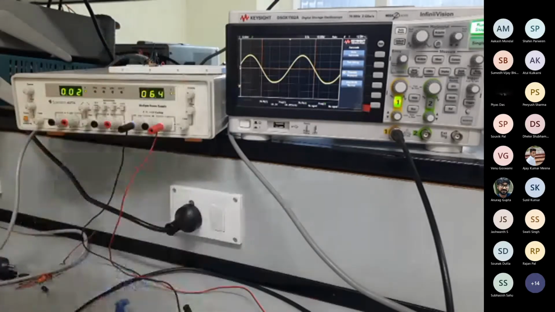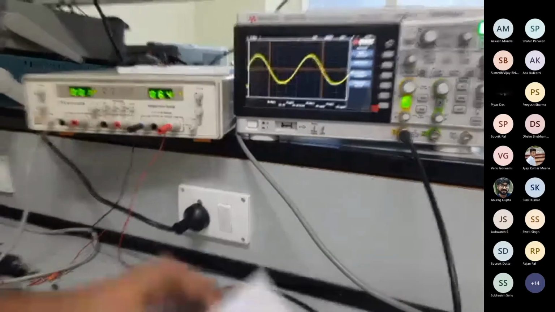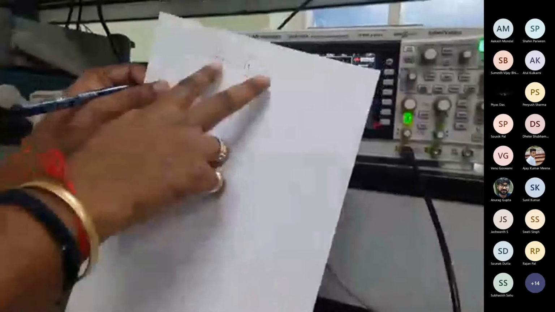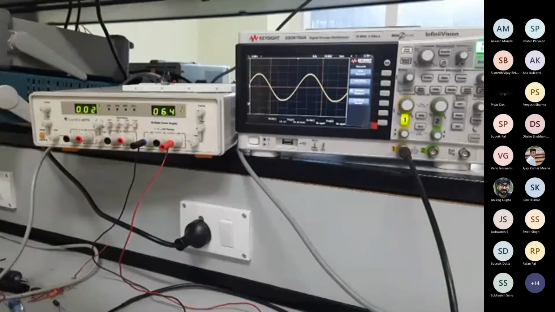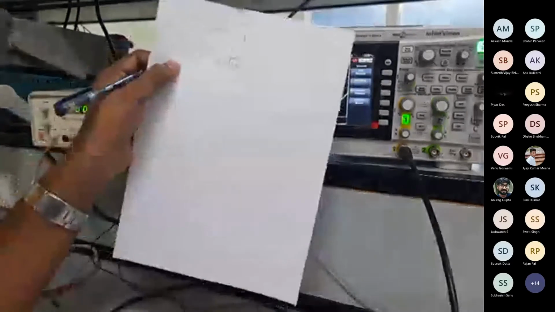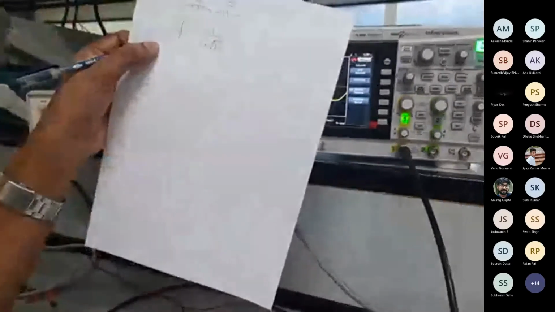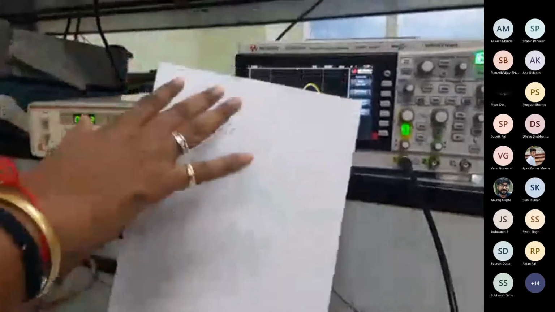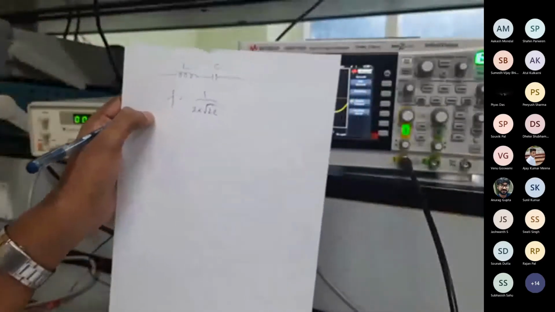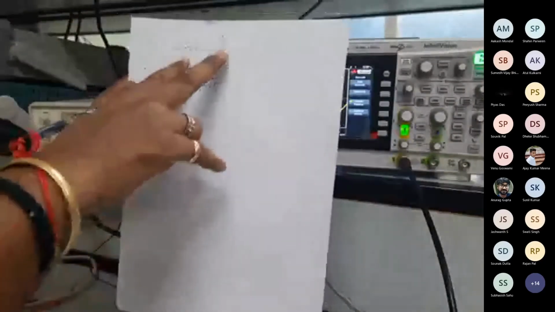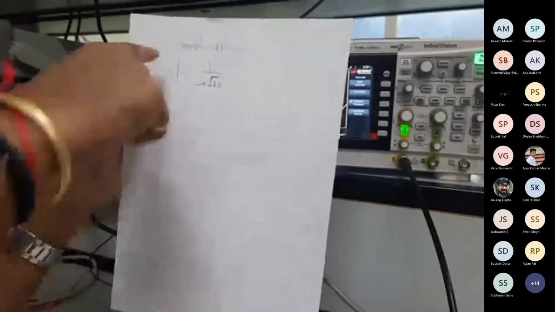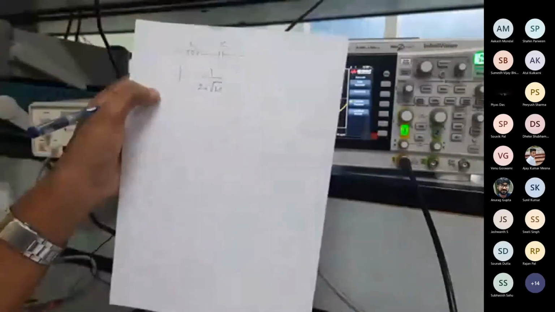Suppose I talk about a series LC, this is the electrical resonator, whose frequency will be f equal to 1/(2π√(LC)), right? At that frequency the reactance will be minimum or maximum, whether it is series or parallel. That is why we call it the resonance condition, at which it will resonate. It will allow a certain frequency, that is f = 1/(2π√(LC)).